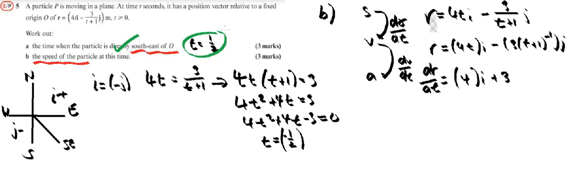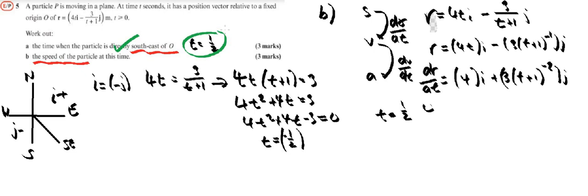So now I've got 3 times t plus 1 to the minus 2, and that's my j. Okay, so that's my derivative. And now all I have to do is substitute in my t. Well, we found that t was equal to a half.